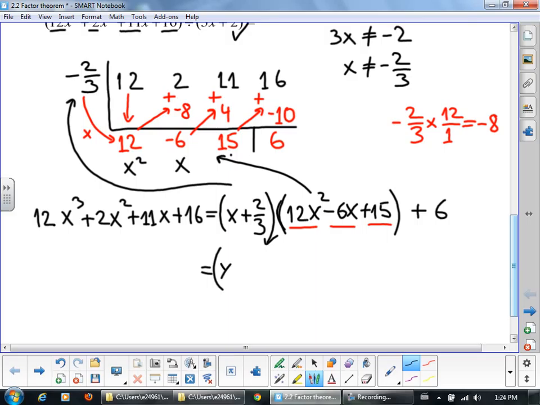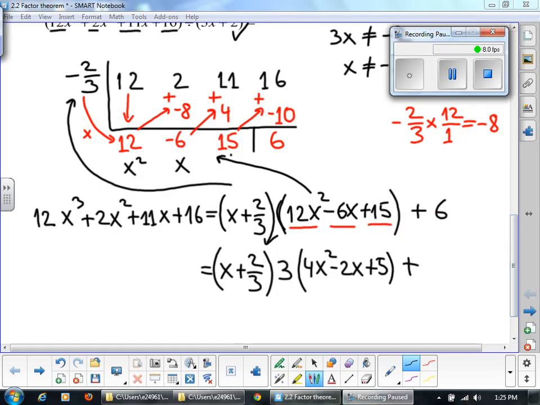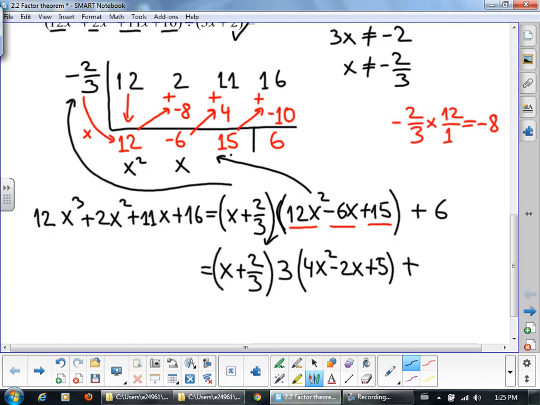So I'm just going to copy x plus 2 over 3, and I'm going to factor out 3 out of 12x squared minus 6x plus 15. So if I factor out 3, I'm going to get 4x squared minus 2x plus 5. And plus 6 at the end.